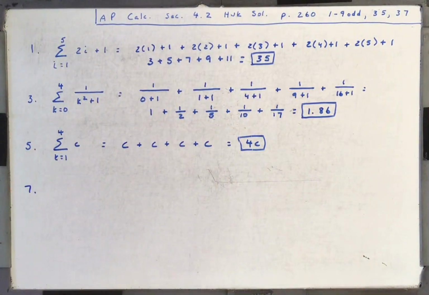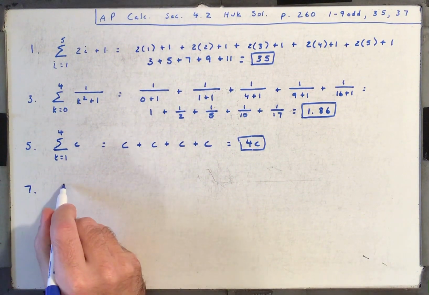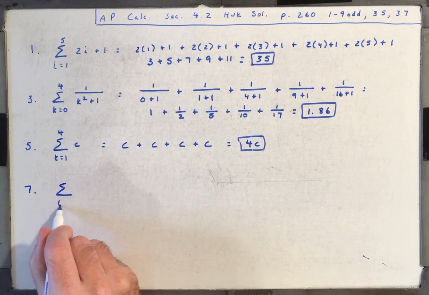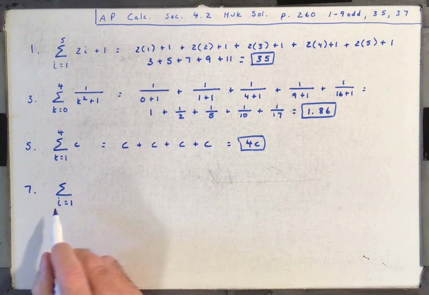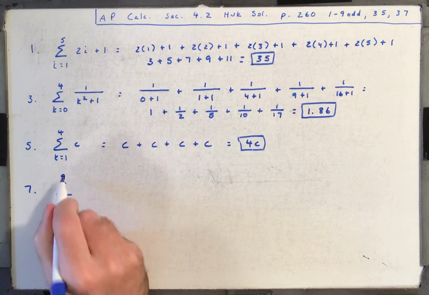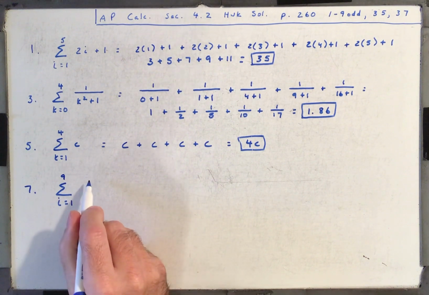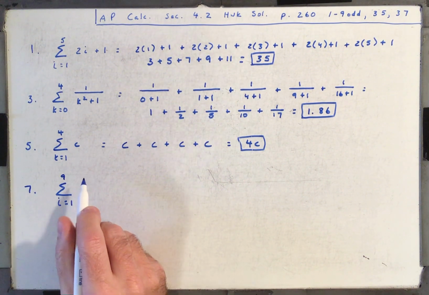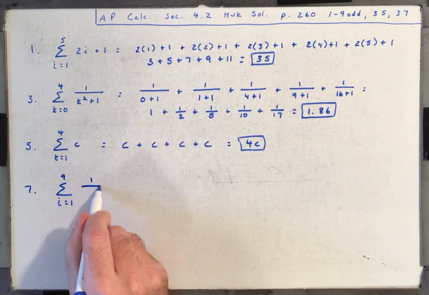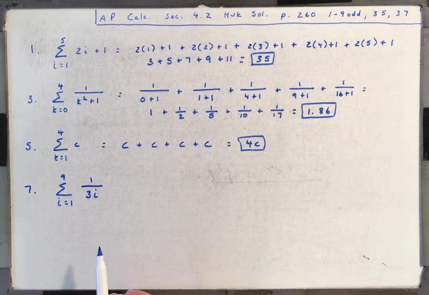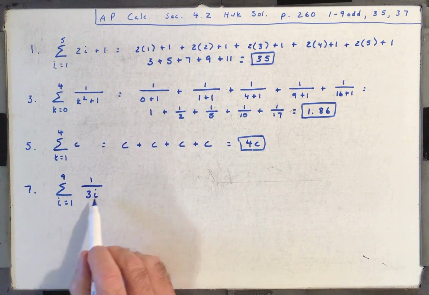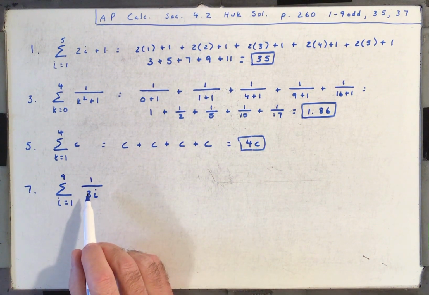So we know we're starting at 1, so the summation of i equals 1, and it could be x, any letter you want to pick, to 9 of just 1 over 3i. And that will do it. If you go through that, it'll match what the book has.